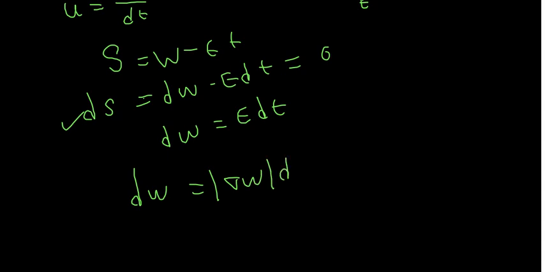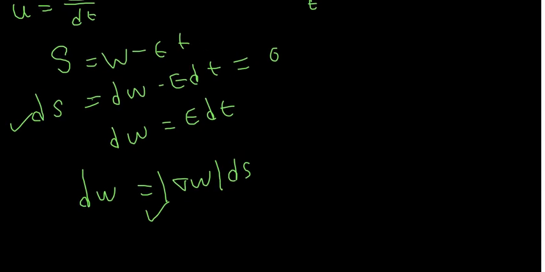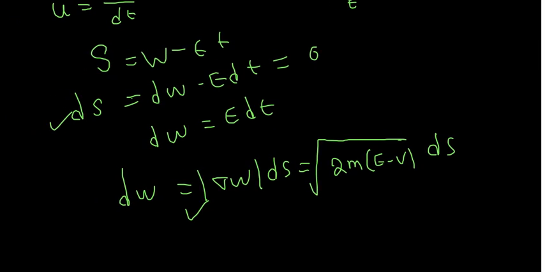Can you remember the value of this one here? We derived this value in the last videos, and we knew that it equals the square root of 2m(E minus V), times ds, right? That's really good. So far, so good. We need another page.